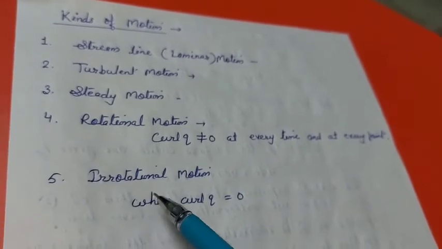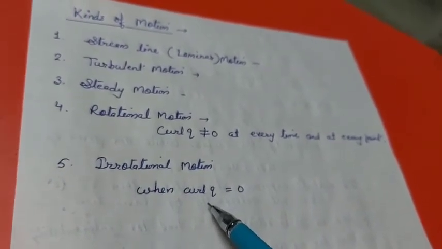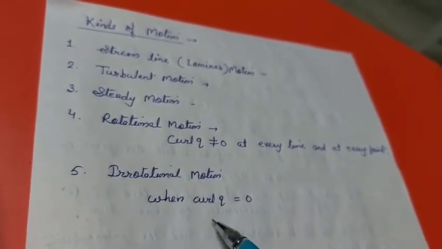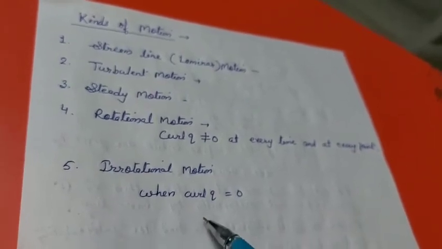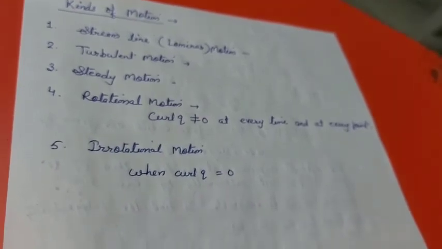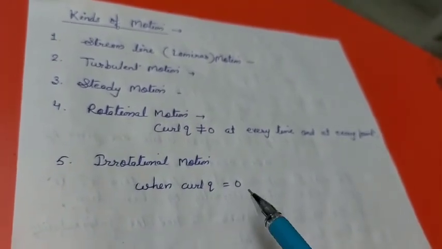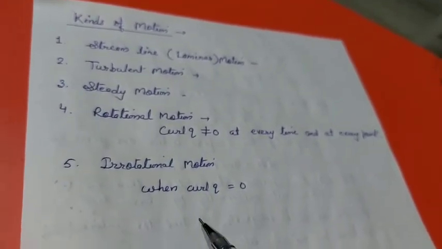Similarly, irrotational motion means when curl of q is equal to 0, then the motion is known as irrotational motion. Curl of q means del cross q is equal to 0. In irrotational motion, curl of q equal to 0, that is, del cross q equal to 0.